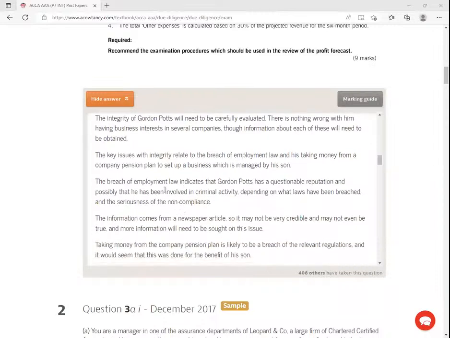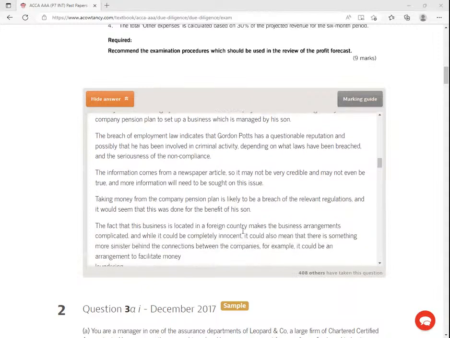The breach of employment law indicates that Golden Pots has a questionable reputation and possibly that he has been involved in criminal activity, depending on which laws have been breached and the seriousness of the non-compliance. The information comes from a newspaper article, so it may not be very credible and may not even be true, and more information will need to be sought on this issue.